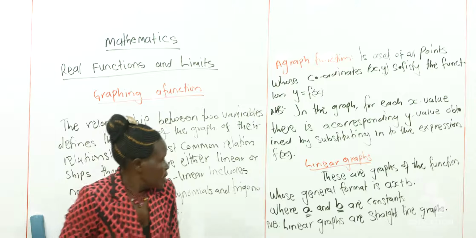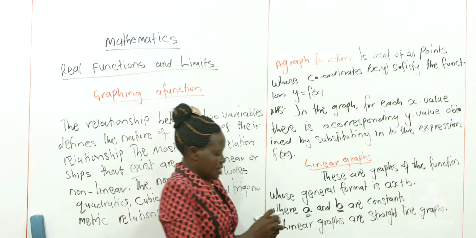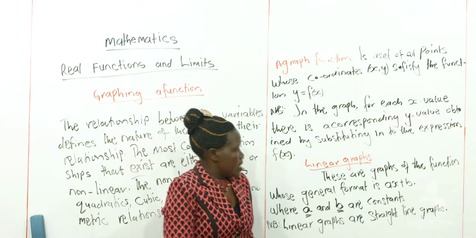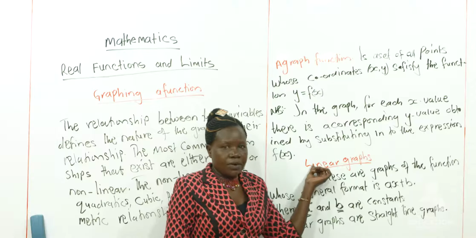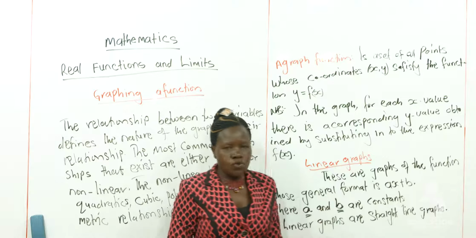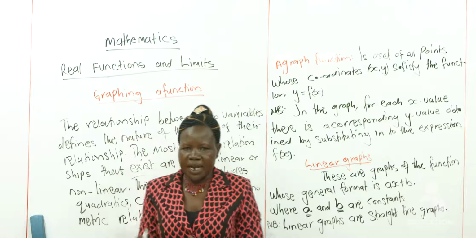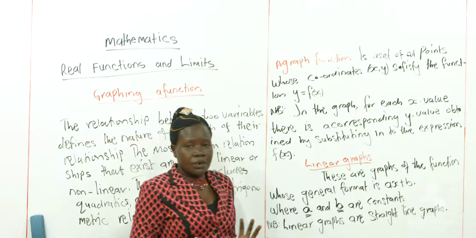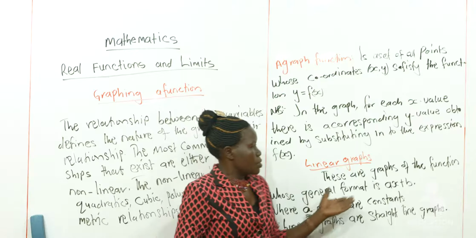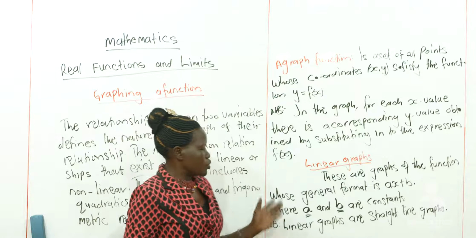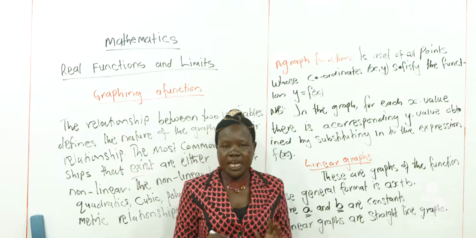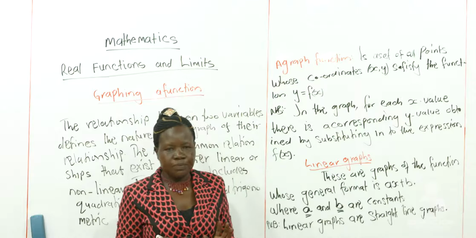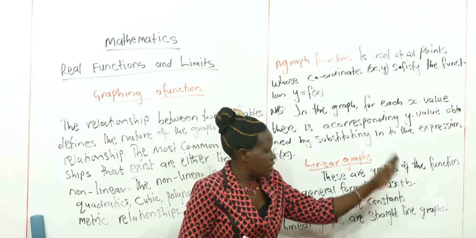So, dear learners, looking at linear graphs, how do we differentiate a linear graph from a non-linear graph? Linear graphs are graphs of a function whose general format is ax plus b.